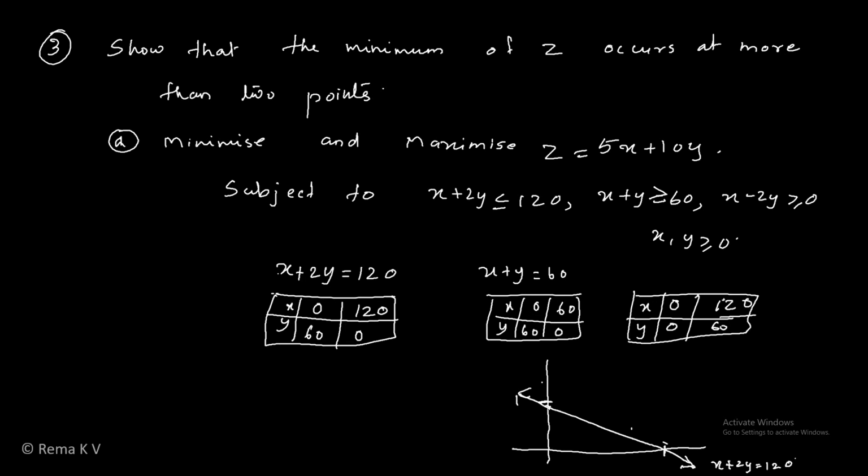Then 0, 60 and 60, 0. This will give another one.